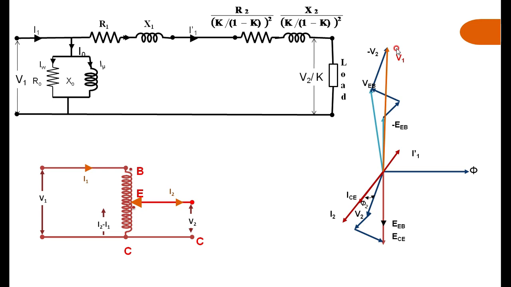This is how we have to draw the vector diagram for the auto transformer. It is simple. Start with the voltage across this, and the terminal voltage between B and E. To B and E, if you are adding V2, then what I am getting is V1. This is how you have to draw the vector diagram for the auto transformer and draw the equivalent circuit diagram of the auto transformer.